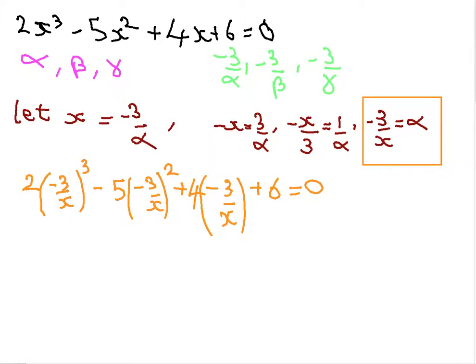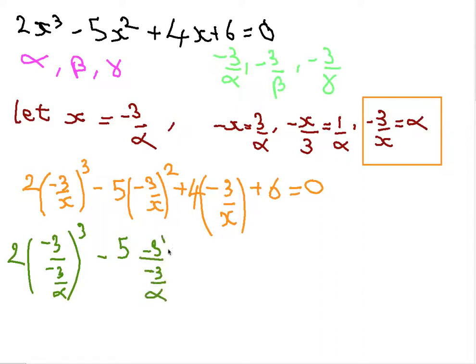Well, what we'd get is 2 times minus 3 over minus 3 over alpha all cubed, minus 5 times minus 3 over minus 3 over alpha all squared, plus 4 into minus 3 over minus 3 over alpha, plus 6 equals 0.